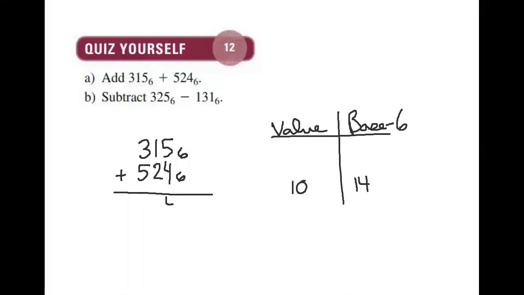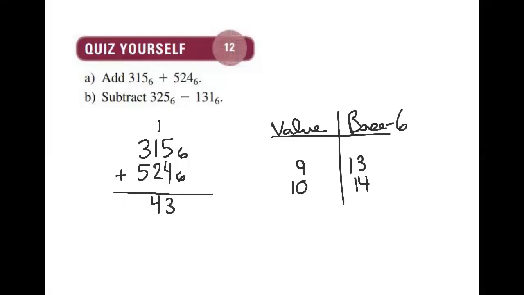Oh, but that's a 10. We have a 9. So we have a 6 and 3 units. So in ours, 5 plus 4 is 9, not 10. 5 plus 4 is 9, which is a 13 in base 6. So we bring down the 3, carry the 1. 2 plus 1 plus 1 is 4. That's fine. 4 units is 4 units in base 6 as well.